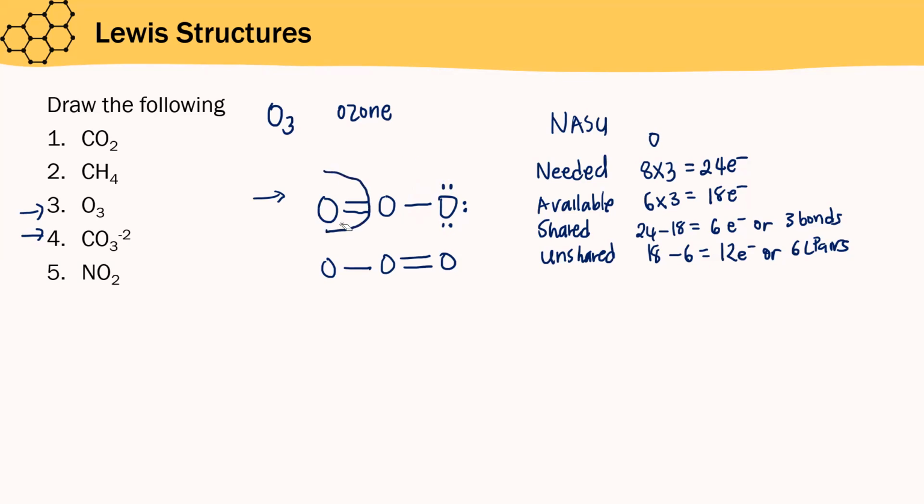How many electrons na sa paligid niya? You have 2, 4. How many electrons more is needed? We need 4 more electrons or 2 lone pairs. 1, 2. And then lastly, sa gitna, is this octet? No. 6 pa lang yan eh. So we need to distribute the lone pair. Yan. So this is the structure for the ozone.